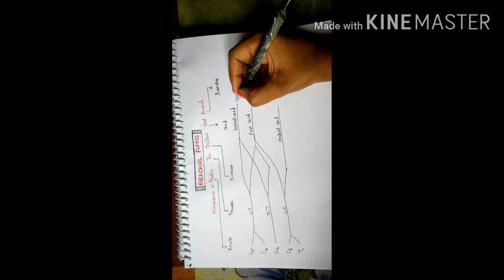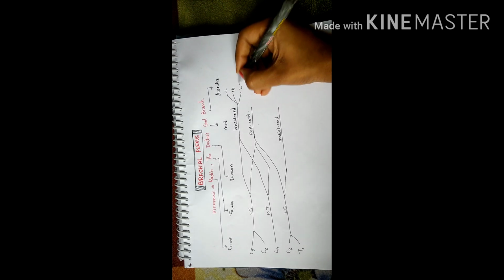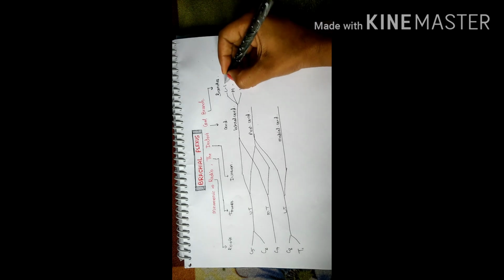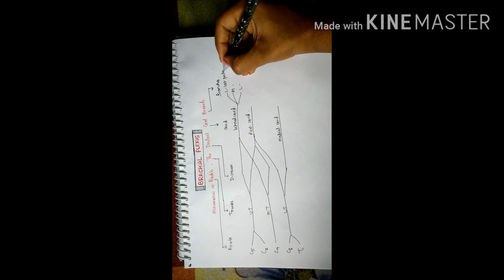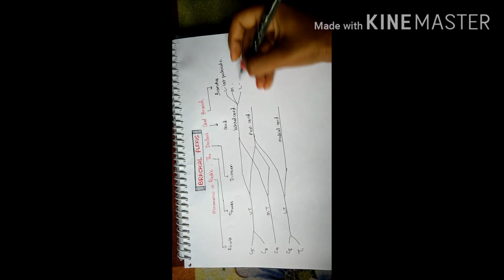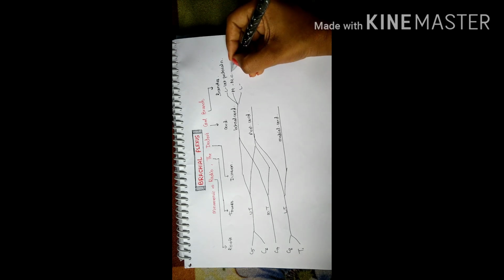Coming to the lateral cord, the branches are L, M and L, that is lateral pectoral nerve, and M is musculocutaneous nerve. And musculocutaneous has both a muscle and a cutaneous part.